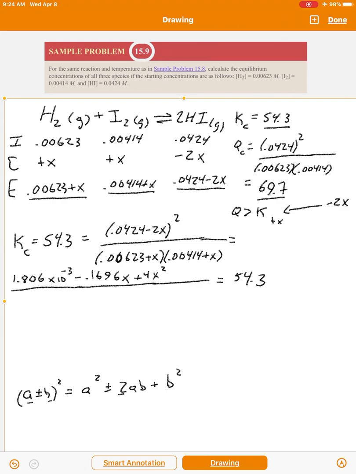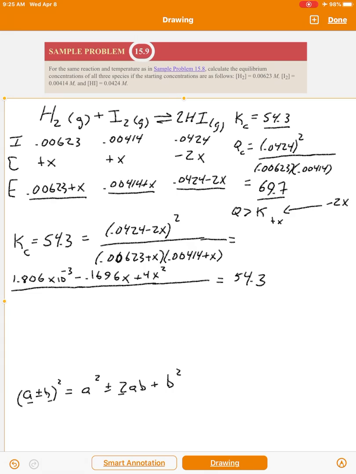In the denominator, we're just going to take the 0.00623 and multiply it by both terms in the second parentheses, 0.00414 and then x, and then take the second term in the first parentheses, which is x, and multiply that by each of the two terms in the second parentheses, 0.00414 and then x.